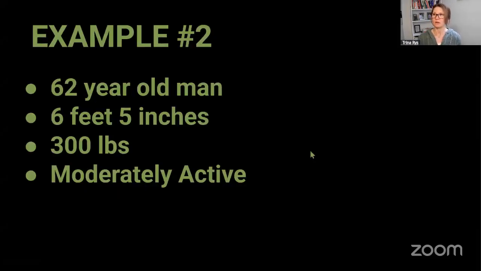Okay. So another example, I just want to go with somebody a little bit taller. Example number 2, if you're a 62-year-old man, you're 6 feet 5 inches tall, and you're 300 pounds. So you're tall, like at 6'5", that's the same height as my husband, and you're 300 pounds, like you're big and you're tall, okay?